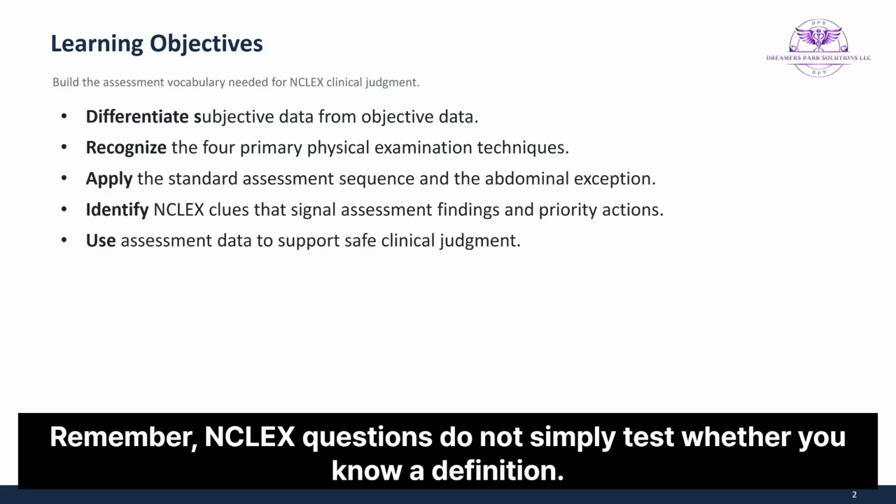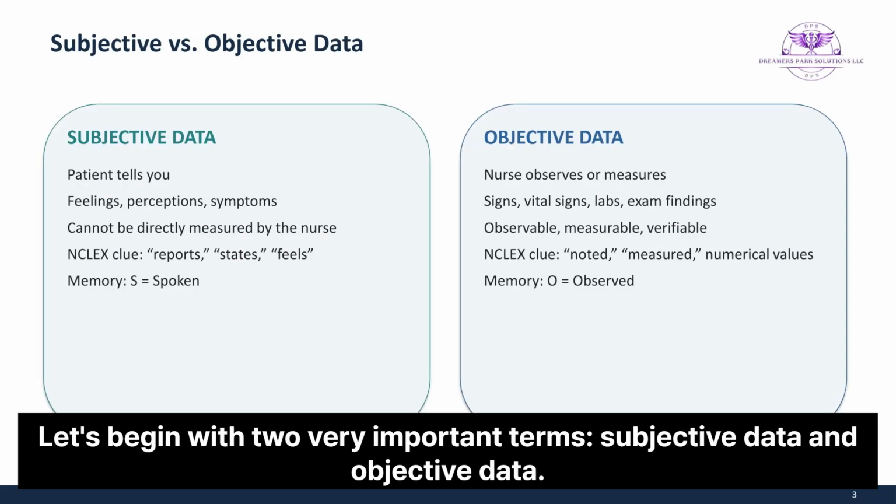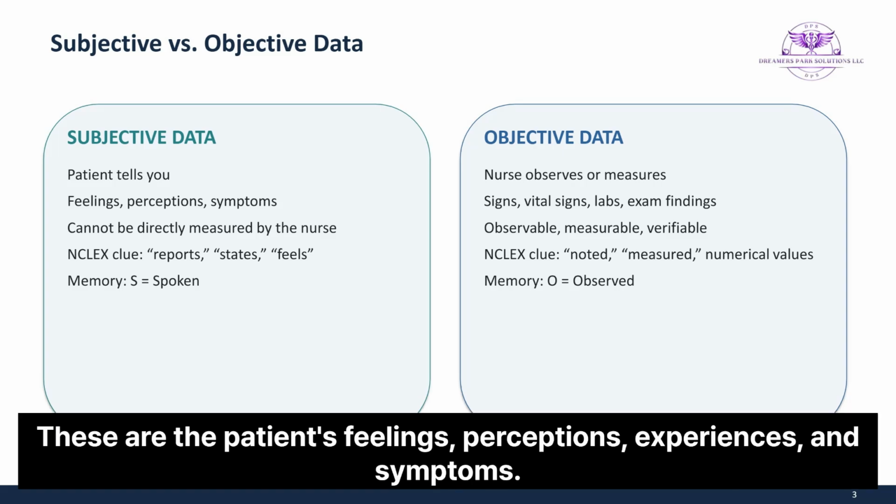Remember, NCLEX-RN questions do not simply test whether you know a definition. They test whether you can use that information to make the safest nursing decision. Let's begin with 2 very important terms: subjective data and objective data. Subjective data is information that comes from the patient. These are the patient's feelings, perceptions, experiences, and symptoms.